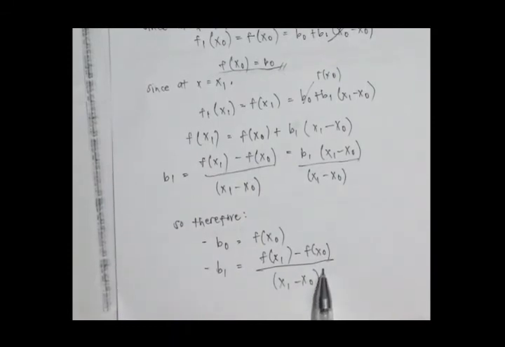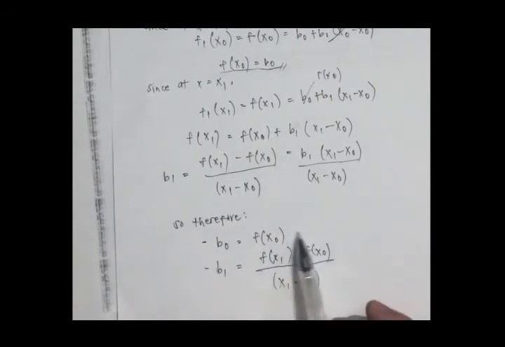Ayun, we have given by the value of the function at the first point, ito yung first point, and the value of the slope between x sub 0 and x sub 1, ito.